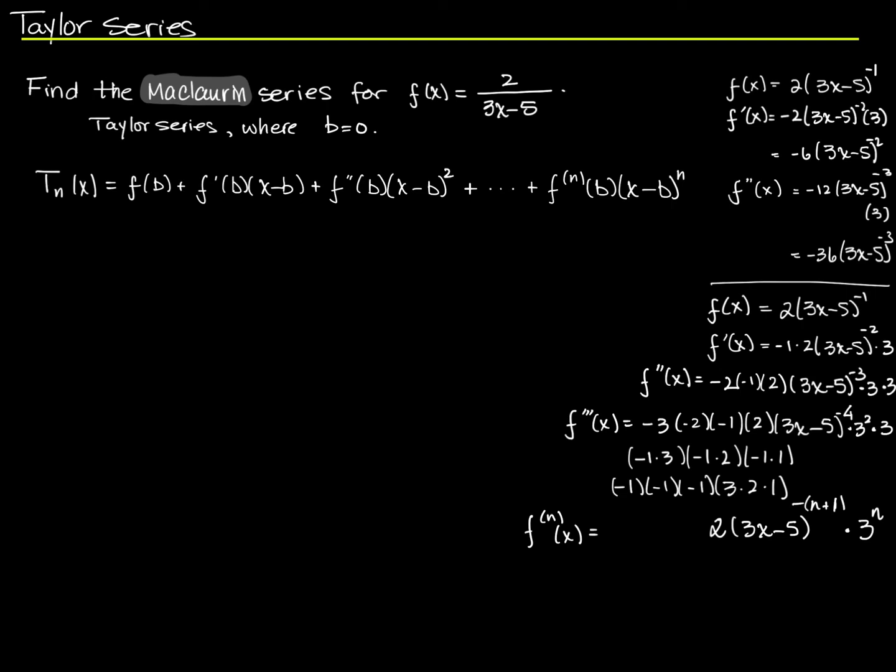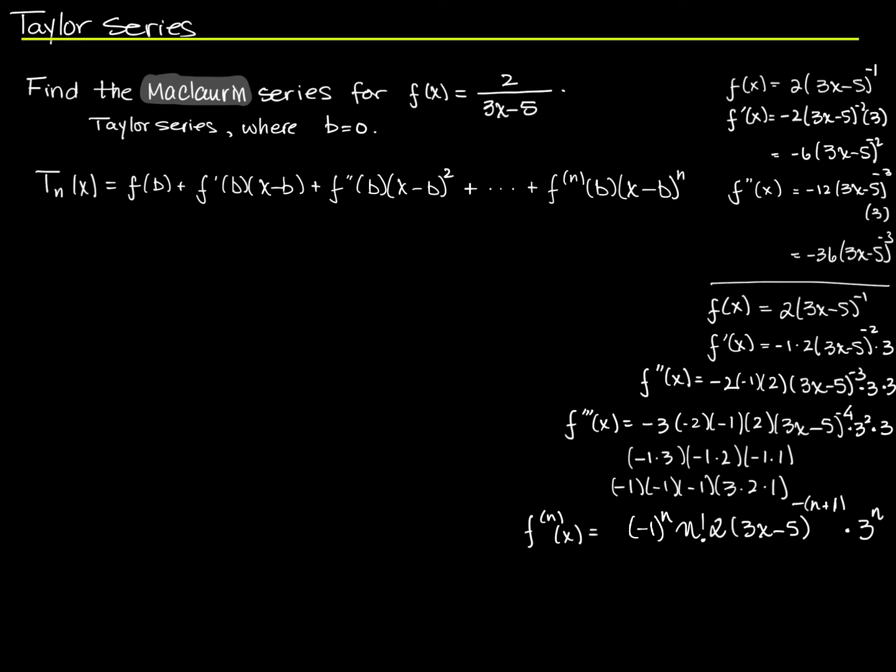And this piece certainly is n factorial. So I'll put my n factorial in there. And then this negative 1, let's see, there are three factors here, so there are three negative ones. There are two factors that have negatives in them here, so there are two negatives. So it looks like the number of negative ones matches the number of the derivative that I'm on. So I'm going to have negative 1 to the power of n.